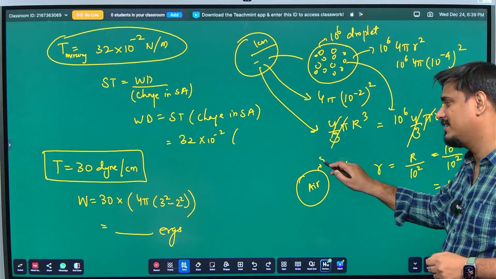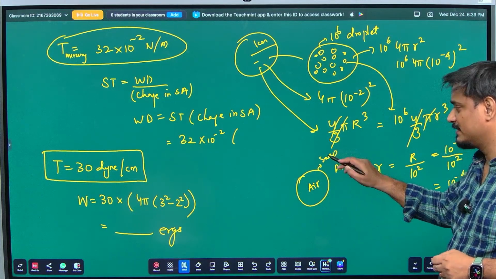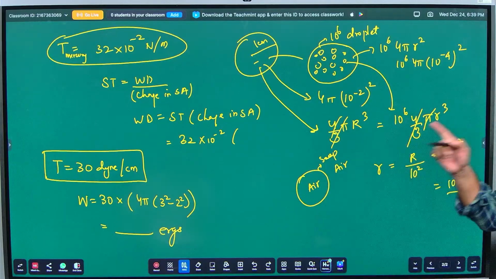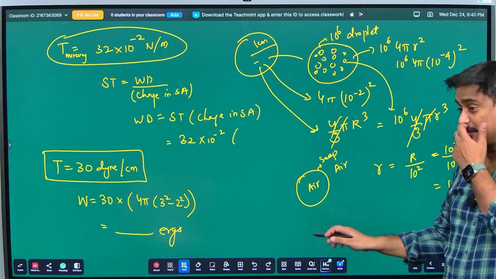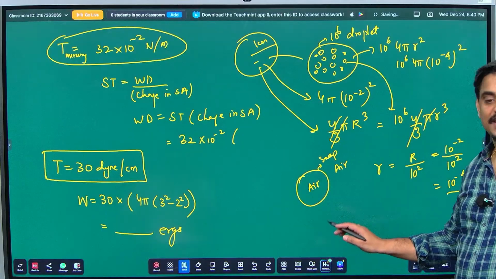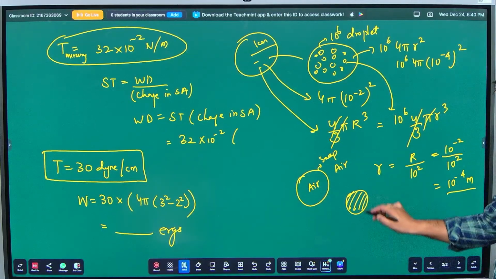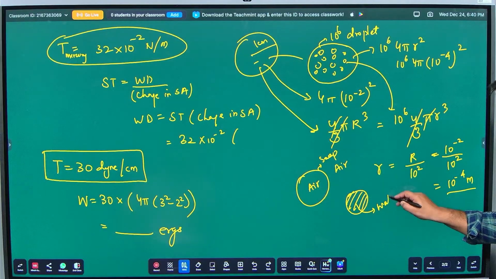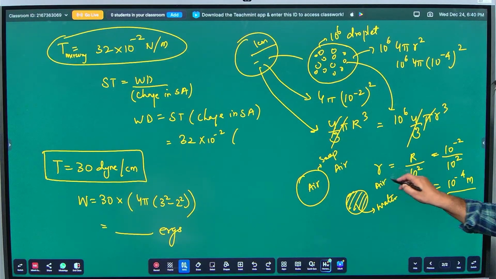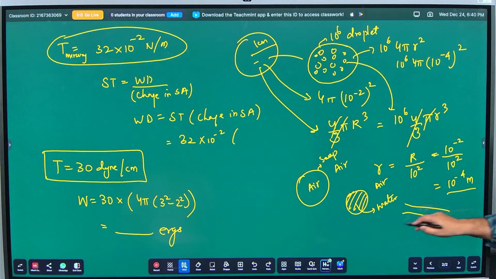I have taught this, I remember. Same numericals I have talked about, check your note. Same value, same question. If it is a water drop, only one surface, because here water, outside air. If it is an air bubble, inside the water, like the Sprite bubbles, outside water, so one surface.